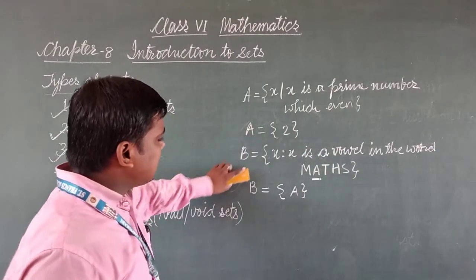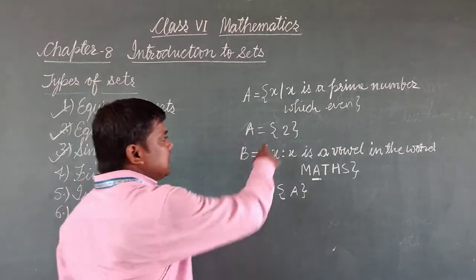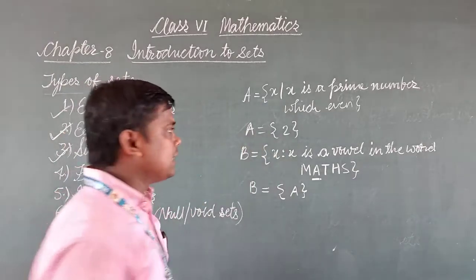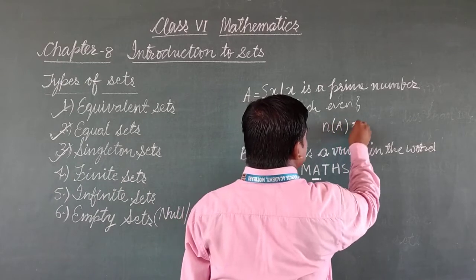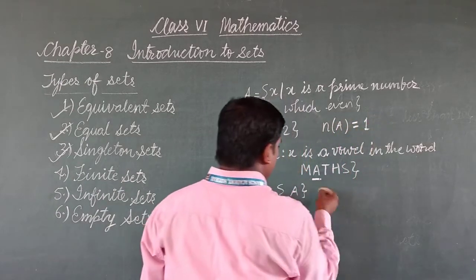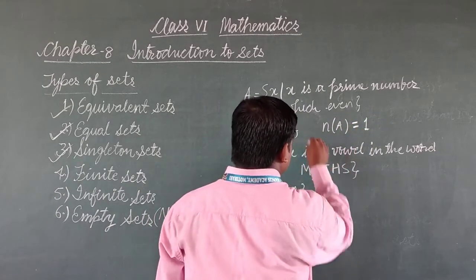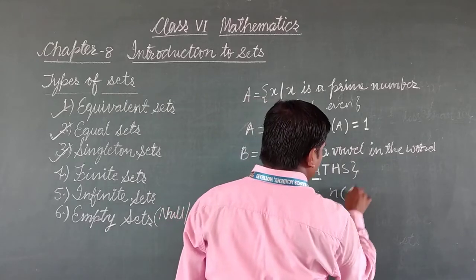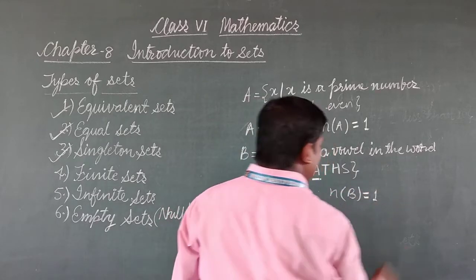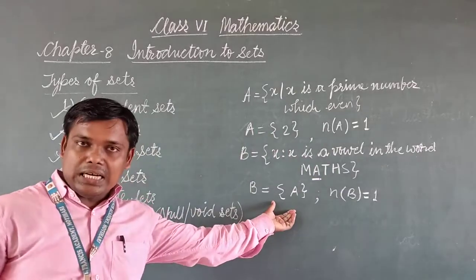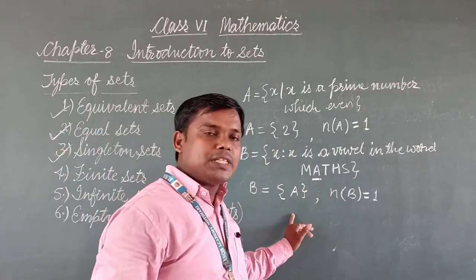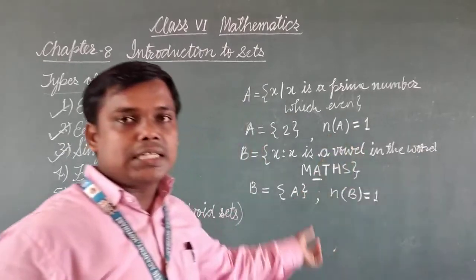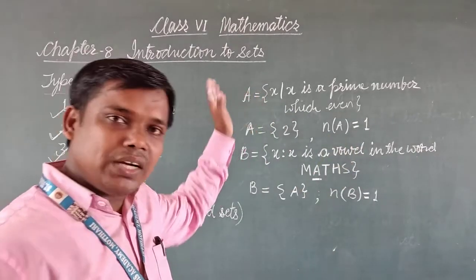From this example it is clear that this set is a finite set because the cardinal number of set A is equal to 1. Here also cardinal number of set B is equal to 1. Means this set can be listed or the number of set elements of set can be counted. So this set is called finite set.